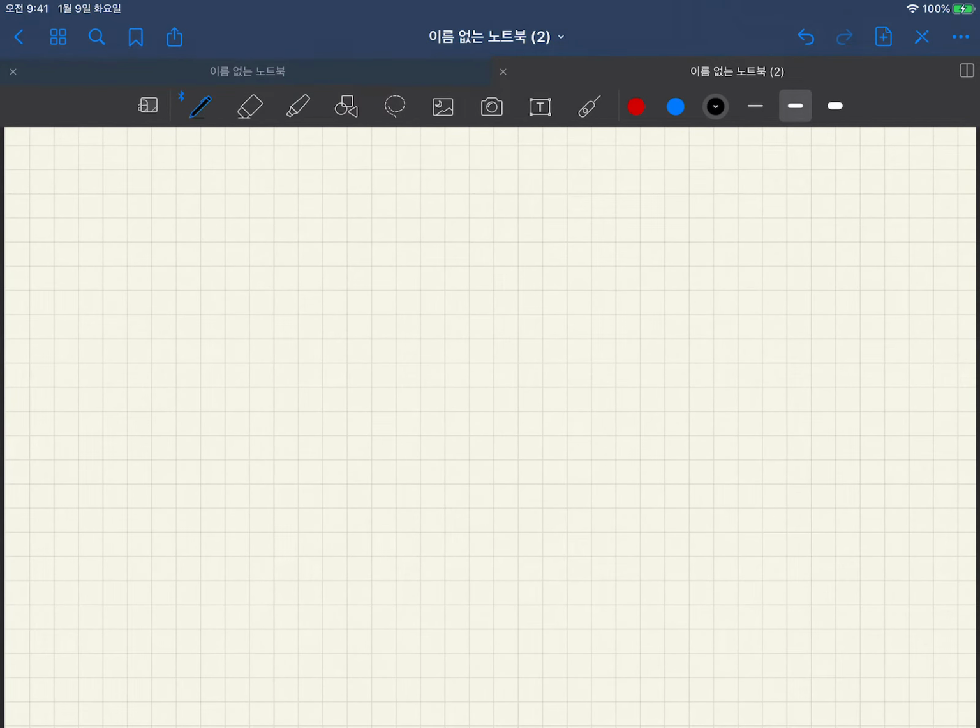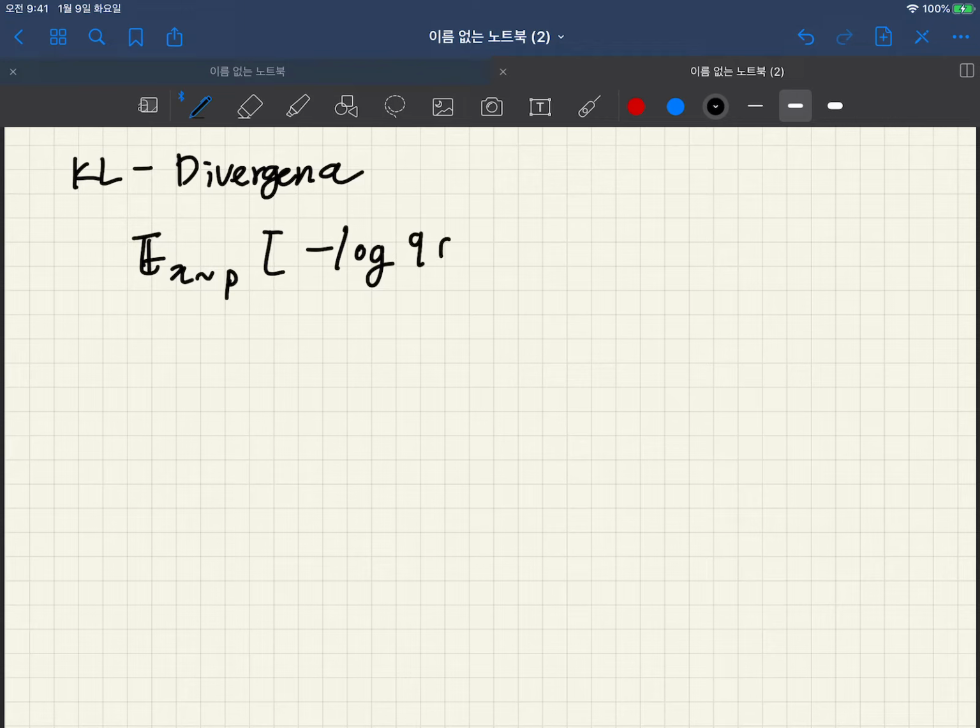Then what is the KL divergence? KL divergence is the expectation, with x from distribution P, of minus log q(x) minus minus log p(x).